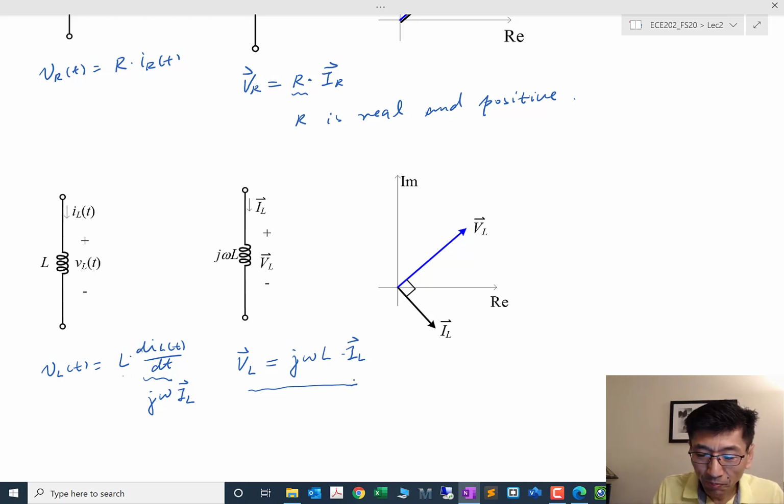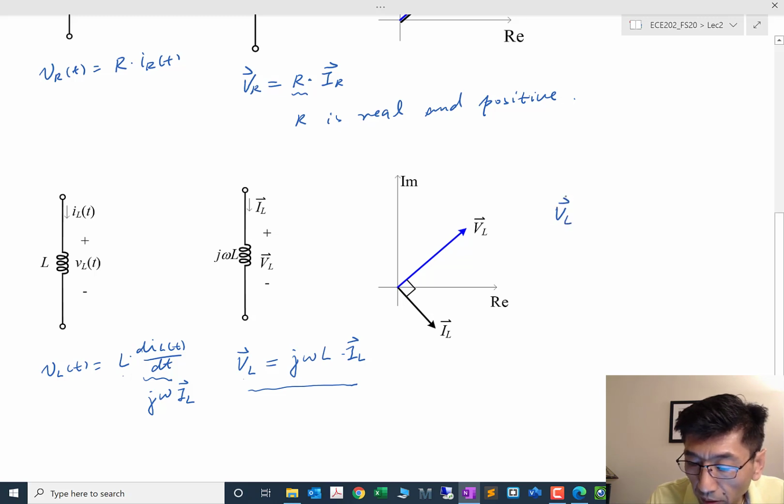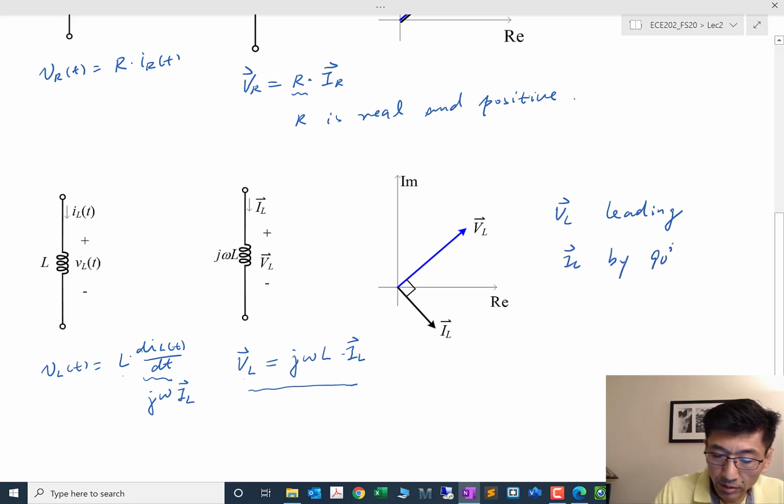And if you plot these two phasors, this is the phasor diagram for the inductance. V sub L is going to be leading I sub L by 90 degrees. The reason for that is because j is equal to e to the j 90 degrees, and omega is positive, L is positive.